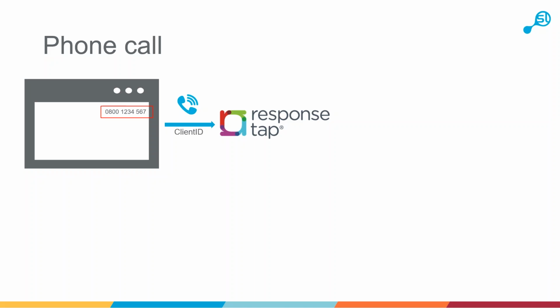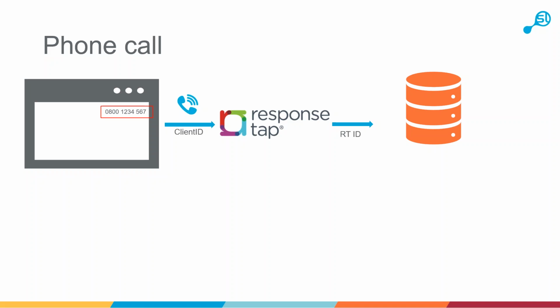Then what needs to happen is, the phone operative who's answered the call, at the end of that call, when the customer puts the phone down, would need to stay on the line, and ResponseTap has a call whisper with a ResponseTap ID. The phone operative would need to input the ResponseTap ID, the call whisper, into the CRM record along with all the other details that they've taken on the phone call.